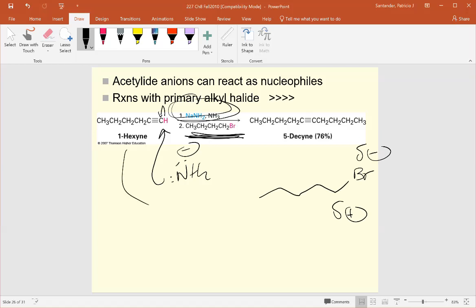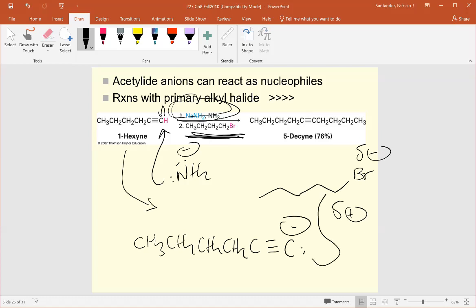So the CH3, CH2, CH2, CH2, 1, 2, 3, triple bond, C minus with a lone pair, is going to attack that carbon atom there, and it will displace the bromine. And that's how you get formation of a 10 carbon atom product. Okay, I will stop here, and I will continue a little later.